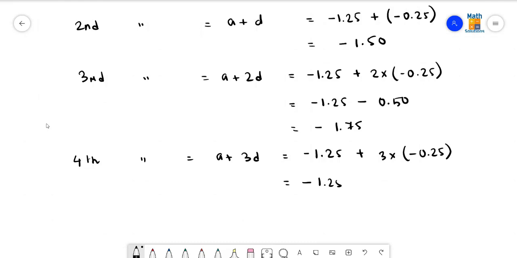Minus 1.25 minus 0.75, and the answer to be obtained here is minus 2.00. So these are the terms to be obtained. So this is the answer.